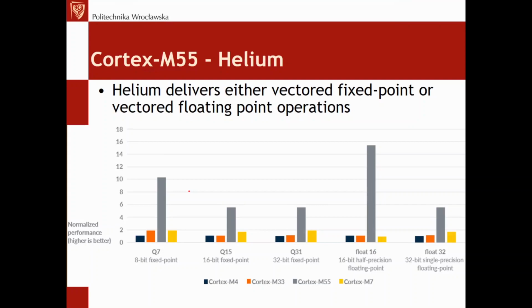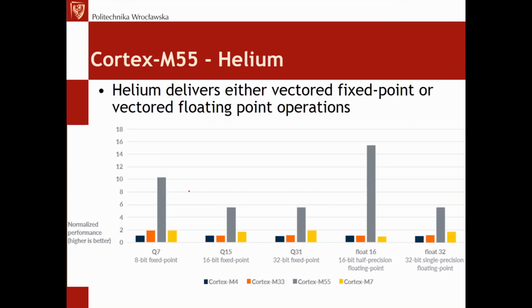But what would you say about floating point with half precision? Of course we're using half precision pretty rarely, but still the floating point with single precision, they promise to have it. The processor should have 3 times better performance comparing to the existing M7 solution.